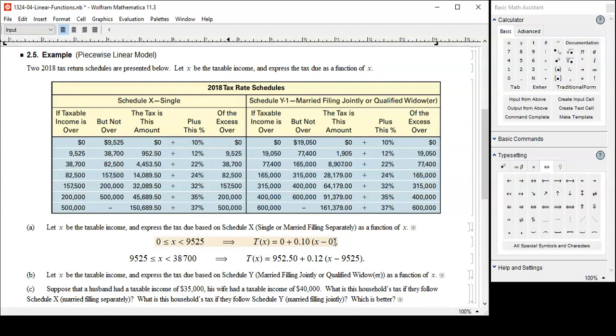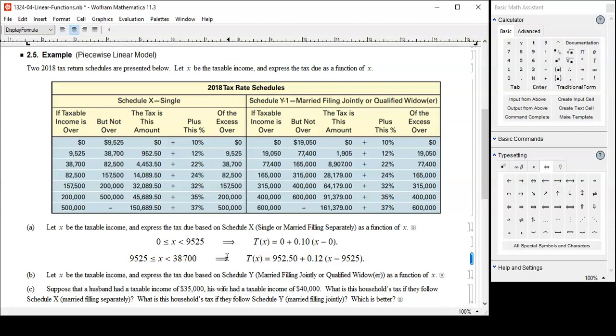And then if you made, say, 10,000, then $475 will be subject to the 12% tax bracket. Make sense? Not the entire $10,000 is in the 12% bracket. So up to there, you're paying this much, and then above that, you're paying based upon the tax rate of 12%.